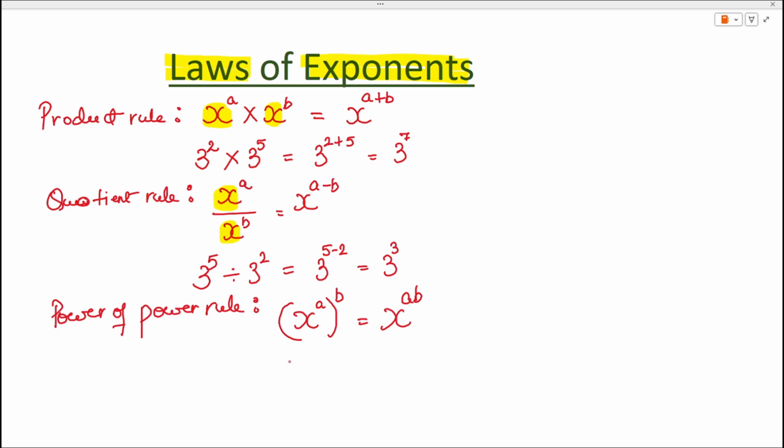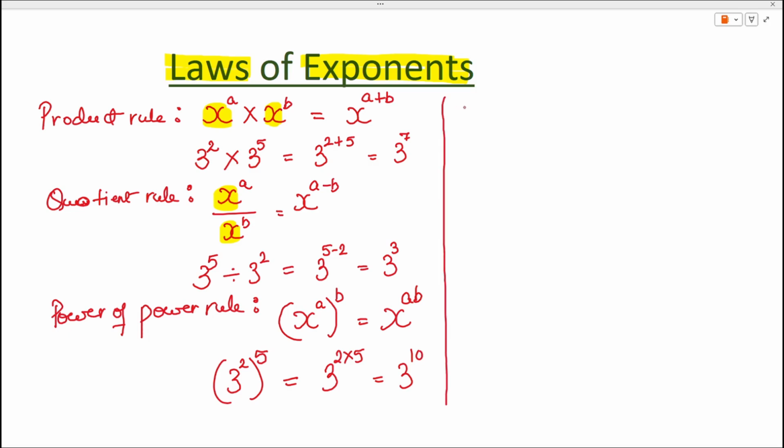Let us look at one example for this also. If it is 3 raised to the exponent 2 and that whole raised to the exponent 5, then this should be 3 to the exponent 2 times 5. So this should be equal to 3 to the exponent 10.